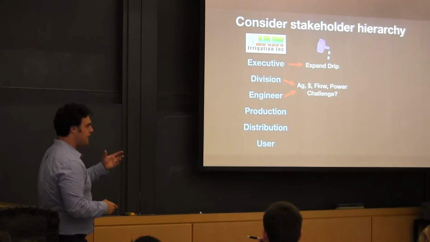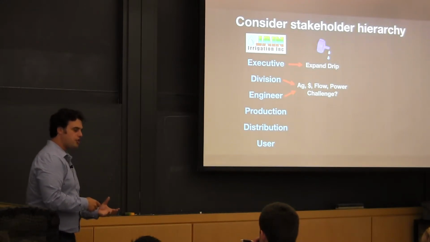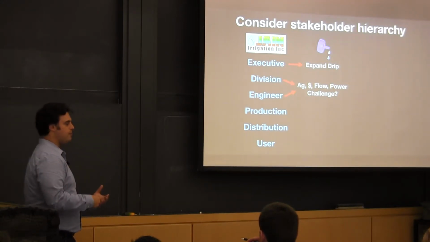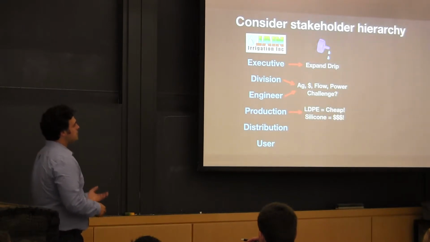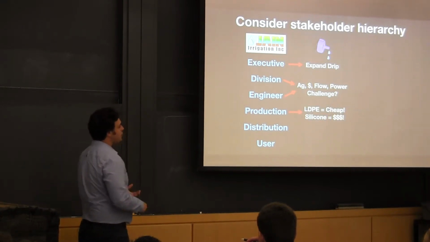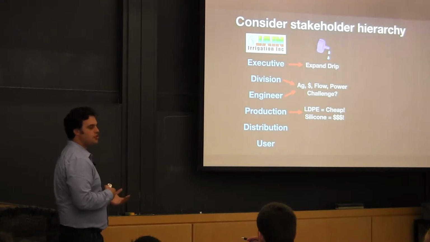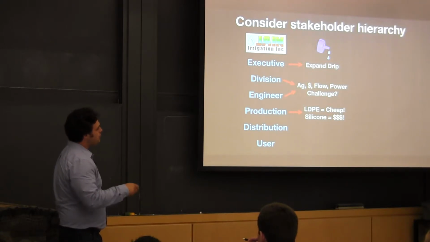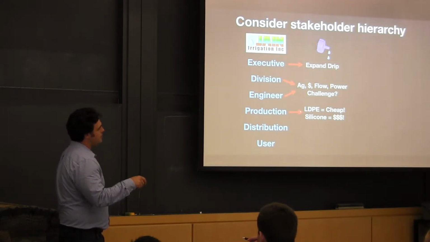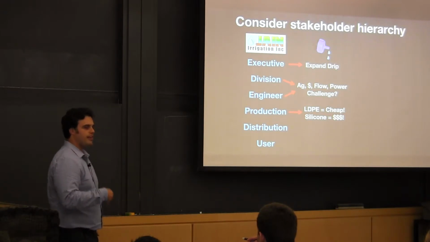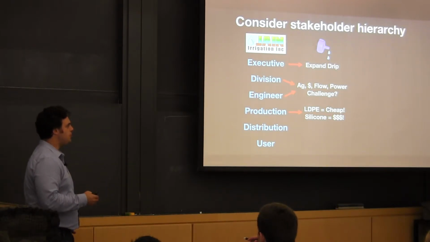So we started to understand that if we could somehow lower pressure, then we could lower power, then we could make the thing cheaper. We also had to talk to the production engineers and understand why some of their products are so expensive versus so cheap. They make a lot of products out of low density polyethylene, and they can pultrude it, they can injection mold it, super cheap.